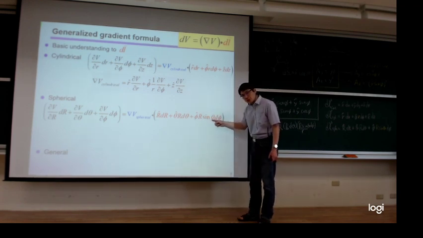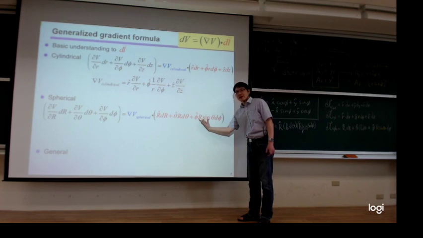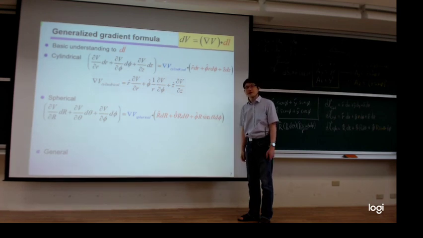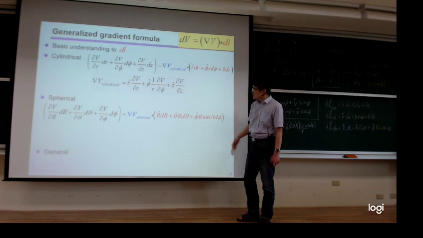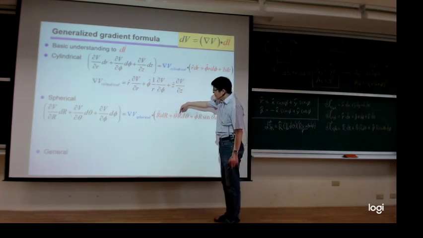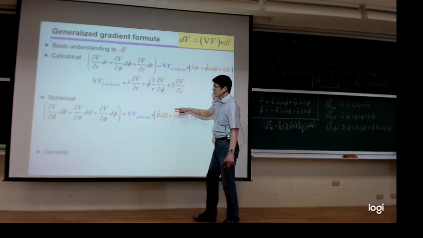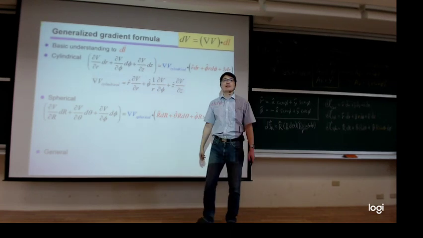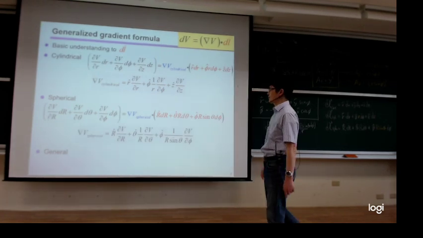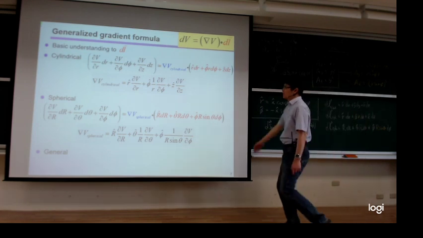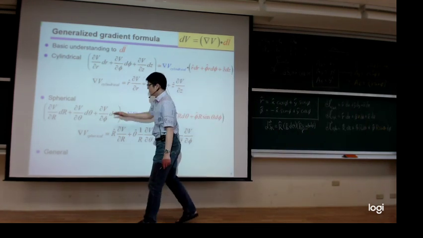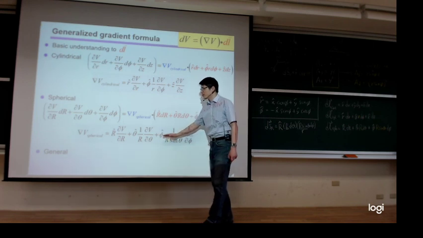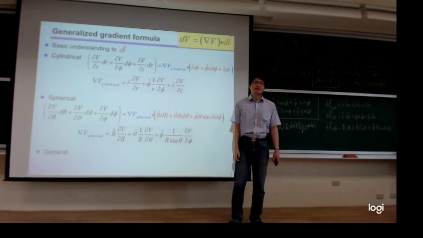In the phi direction, the effective r is not the entire radius, but r sine theta, right? And then times d phi. So once you have this arc being considered in your dl, your gradient has to divide by it. That's it. Okay? So you compare this one to this one, you must have this proper formulation to arrive at dv.